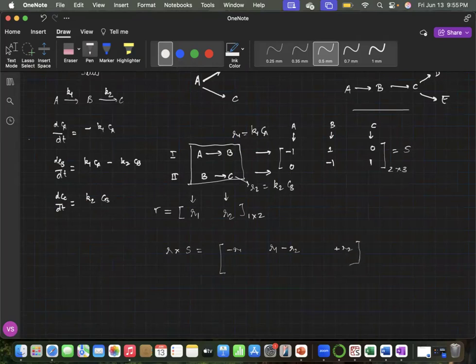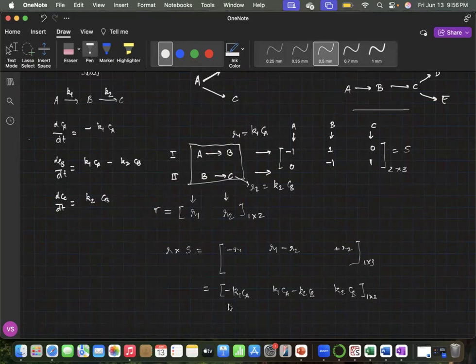That's going to be the 1 cross 3 matrix that we get. And if you substitute K1CA in place of R1 and K2CB in place of R2, this becomes minus K1CA, then K1CA minus K2CB, and K2CB, right?